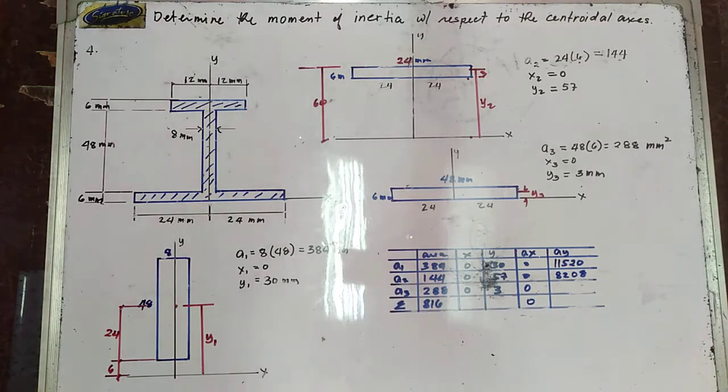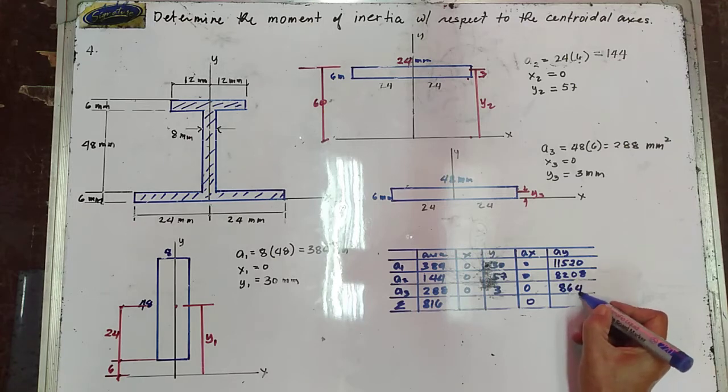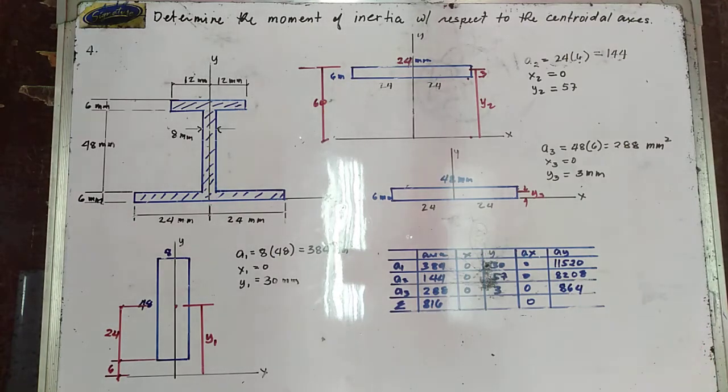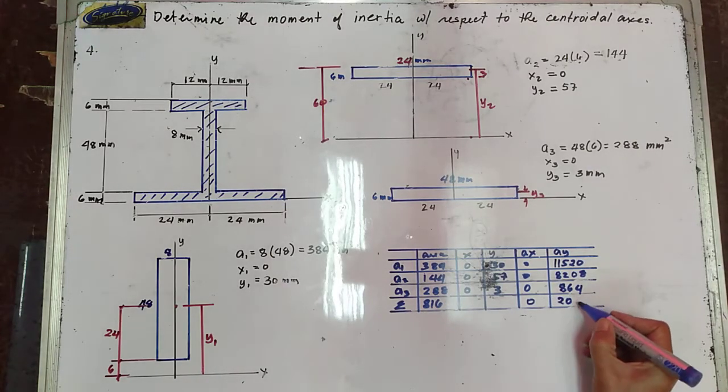And 288 by 3 we have 864. So the summation is now equal to 20,592.